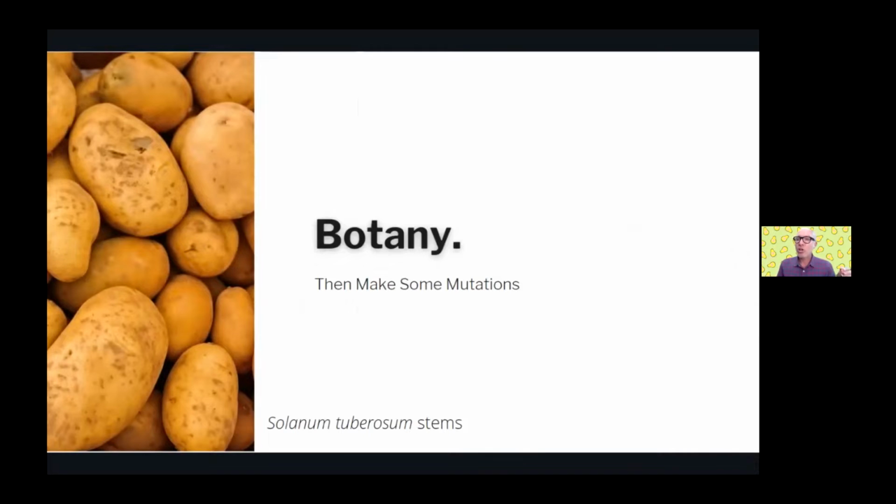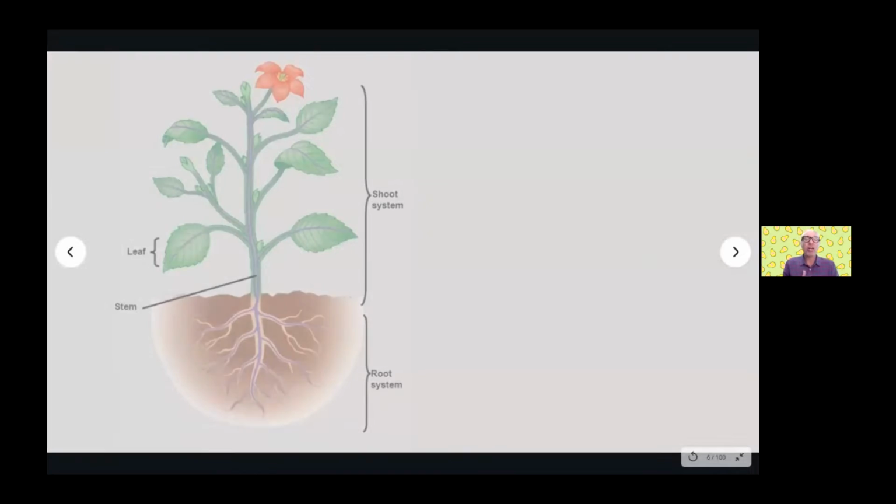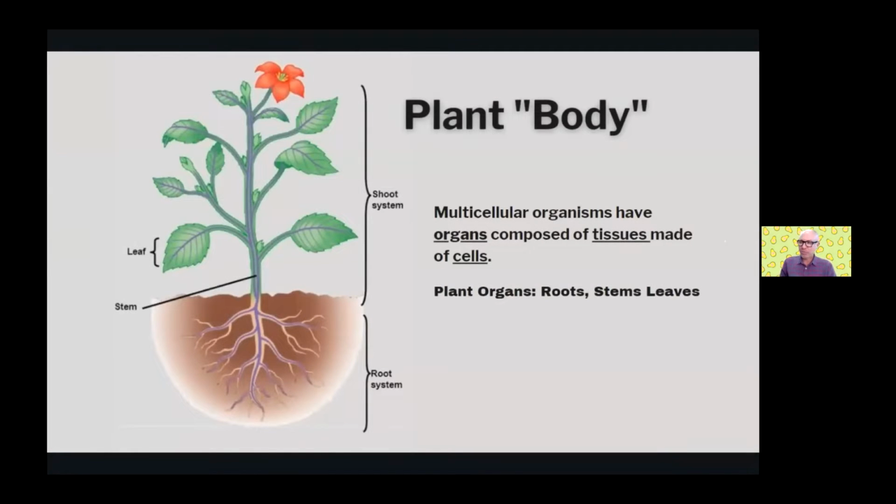And then look at some mutations, the joy of mutations, and finally follow those mutations to the point where we've developed, as humans, through mutation, plants to eat, plants that would never survive in the wild as they are on their own.